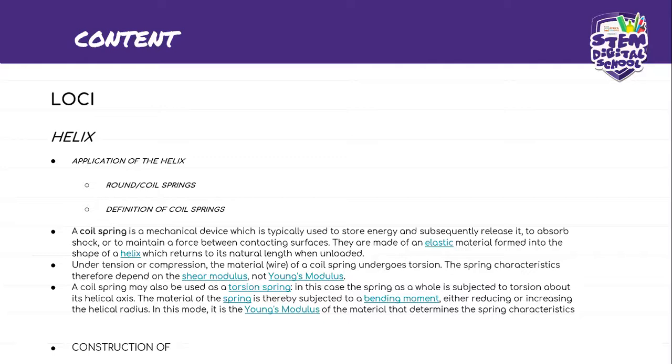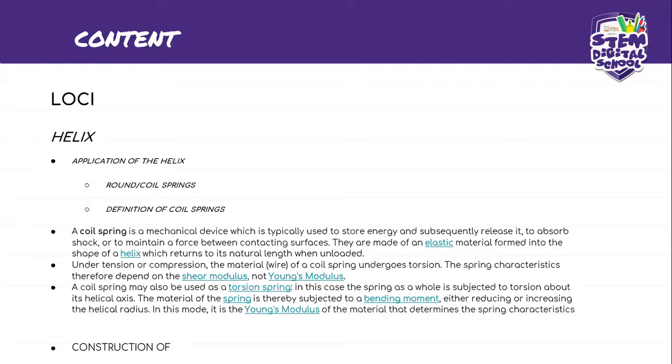Under tension or compression, the material, which is the wire of a coil spring, undergoes torsion, that is twisting. The spring characteristics therefore depend on the shear modulus, not the Young's modulus. A coil spring may also be used as a torsion spring. In this case, the spring as a whole is subjected to torsion about its helical axis.